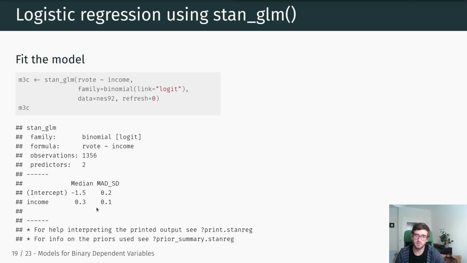One simple rule of thumb we can use to get an idea of the underlying effect size is the divide by 4 rule that is mentioned in the textbook, okay?